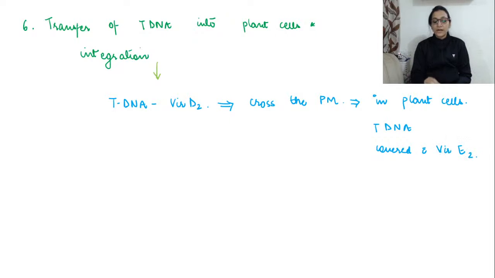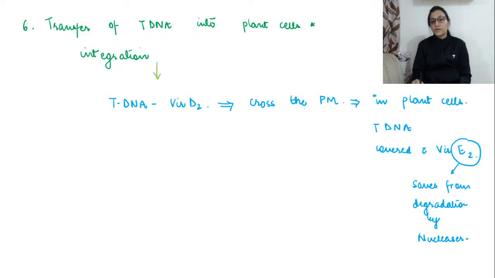So this covering protects the tDNA from degradation by the nucleases. So E2 saves from degradation by nucleases. Right? This is the thing.